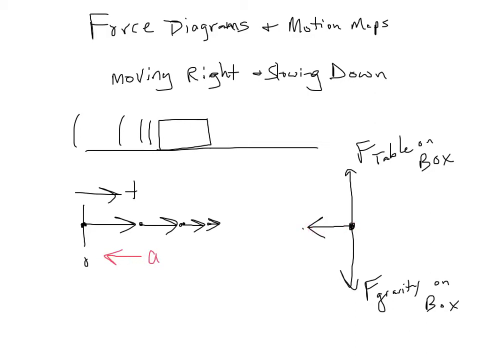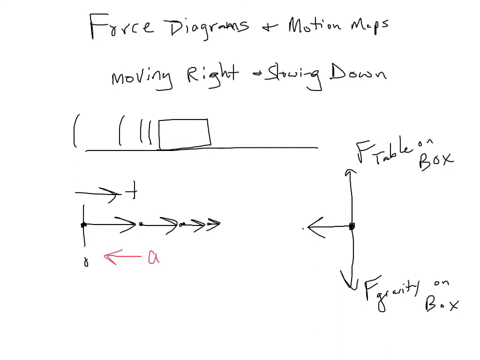Now, what kind of force is it? I don't see anything in the picture. There's nothing on either side of the box that's pushing it. So what could it possibly be that's acting on the box in a direction opposite of its motion? Well, there's only one kind of force that does that all the time, and it is a friction force.